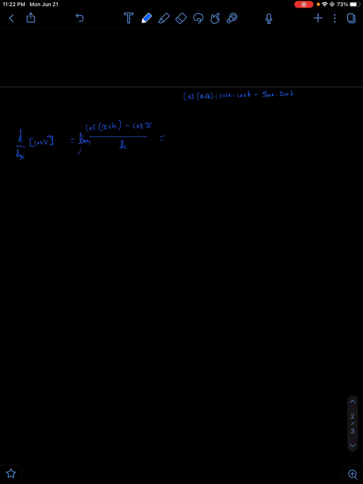Oops, I forgot to write the limit. Of course I forgot to write the limit. Okay, so we get cosine of x times cosine of h minus sine of x times sine of h over h, minus cosine x.